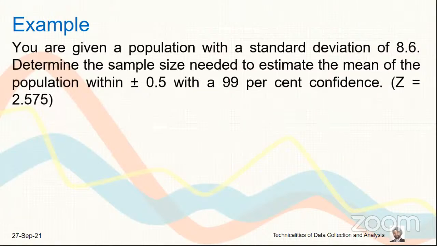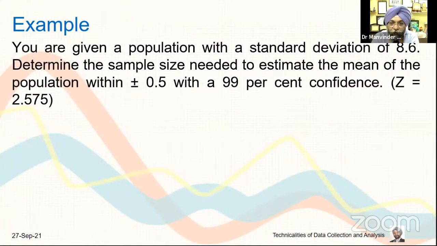So you are given a population with a standard deviation of 8.6. Determine the sample size needed to estimate the mean of the population plus or minus 0.5. That is the error. With 99% confidence level, and at 99% confidence level, the Z value is equal to 2.575. Come on.